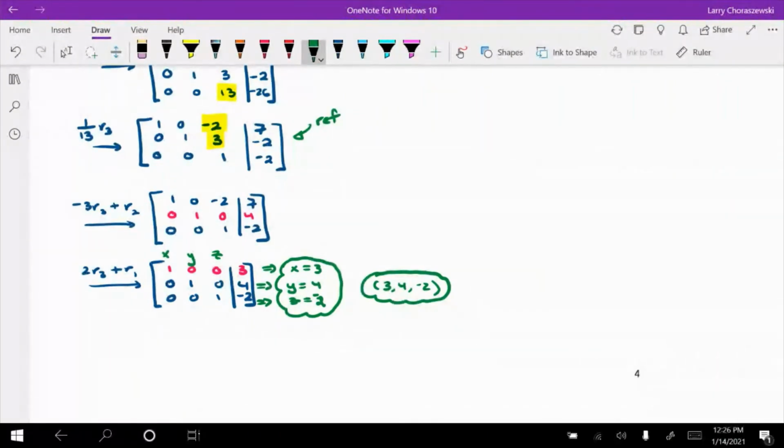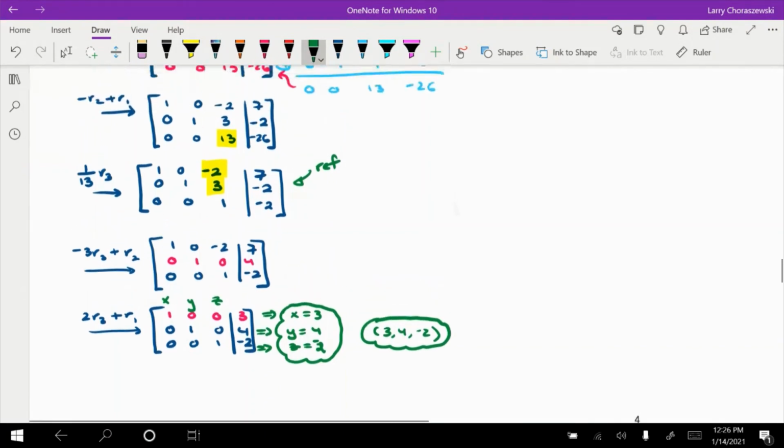This may have you kind of repeat something, but could you explain the process of going from REF to RREF and the difference? Because I know with REF and RREF, it depends on the leading ones and if there's zeros beneath or zeros above. Can you just go through that process with this problem particularly?